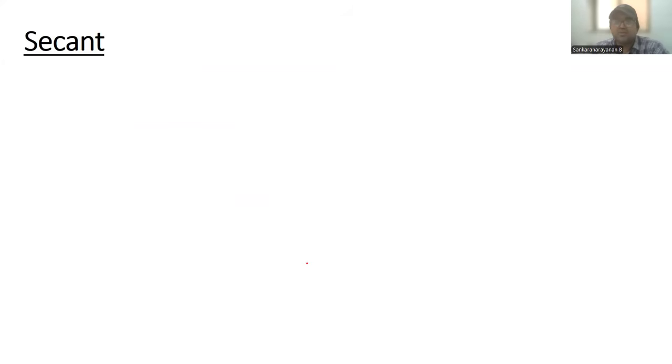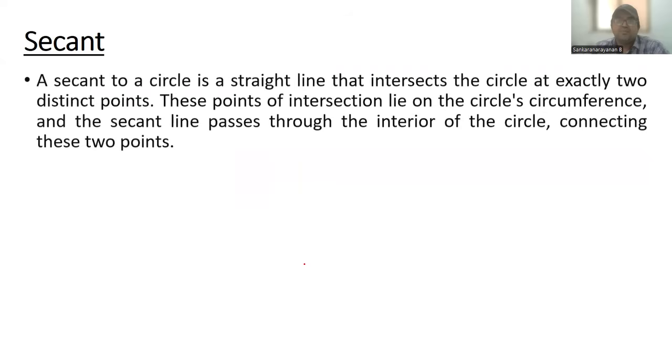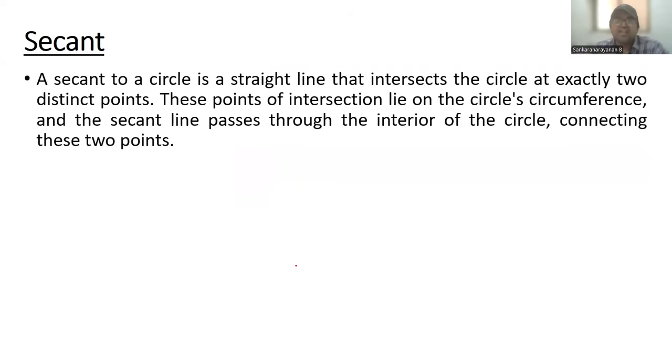We will now talk about secants. What is a secant all about? A secant to a circle is a straight line that intersects the circle at exactly two distinct points. You remember the tangent? I kept repeating that it touches the circle only at one point, that's the point of tangency.